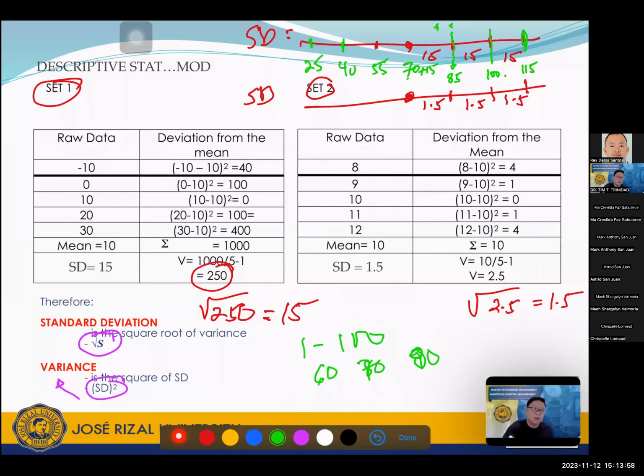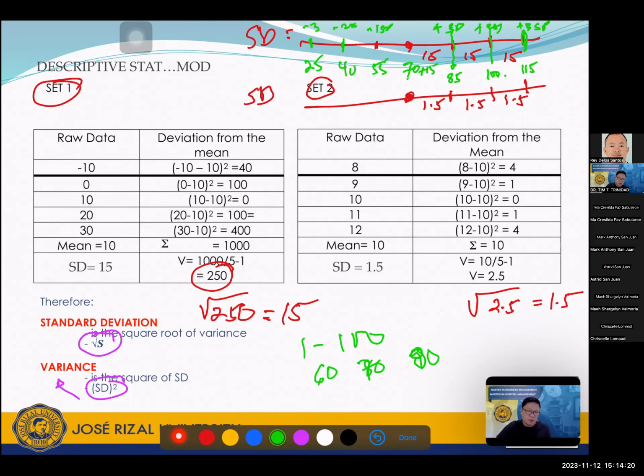Okay. So this is positive 1 standard deviation, positive 2 standard deviation, positive 3 standard deviation. And on your left, this is negative 1 standard deviation, negative 2 standard deviation, negative 3 standard deviation. Okay, so this will now be your scale.